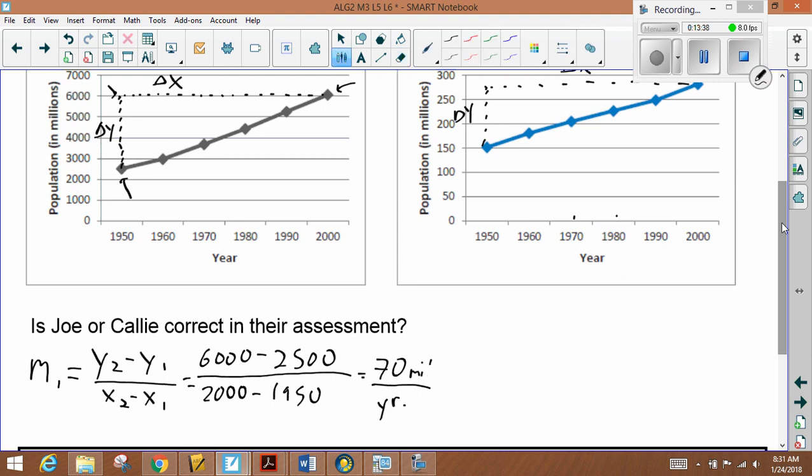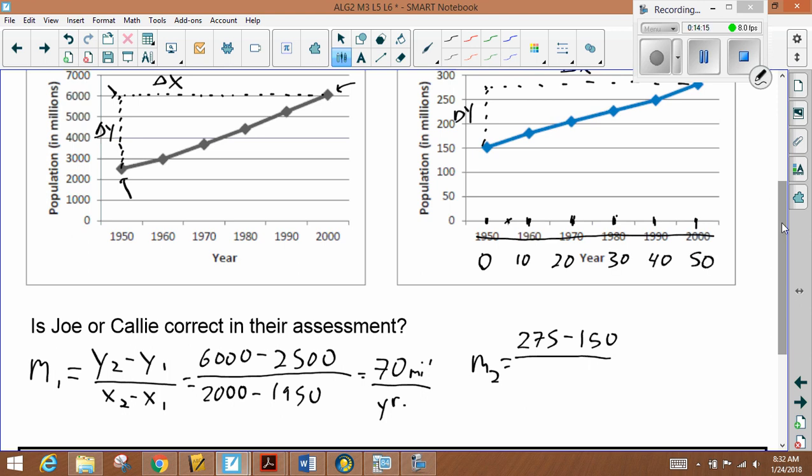All right. Let's do the other one. What about our second slope? Looks like our maximum y value is around 275, and our minimum y value on this is 150, divided by, hey, let's represent this in a different way. Those marks belong here, right? Can we represent this as year 0, year 10, year 20, year 30, year 40, and year 50?